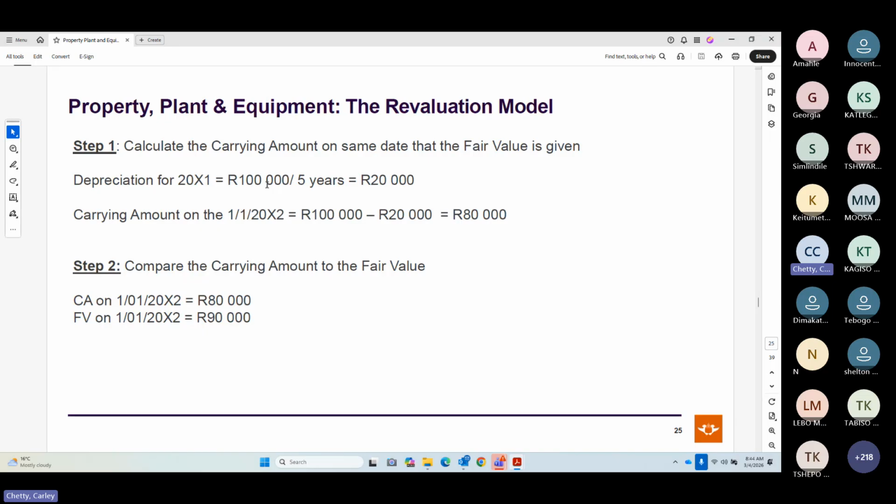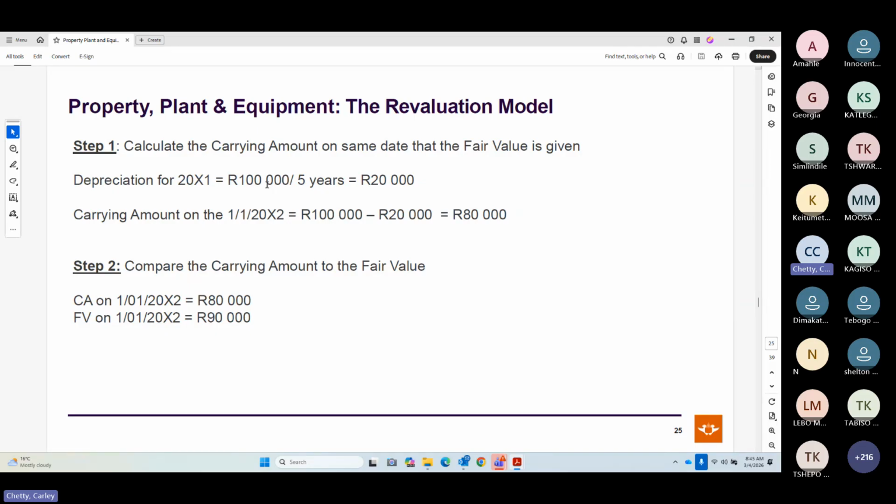Then we have the carrying amount on 1 Jan 20X2. We take the cost of the asset, which was 100,000, minus the 20,000 depreciation for 20X1, and that will leave us with a carrying amount of 80,000 on 1 Jan 20X2.